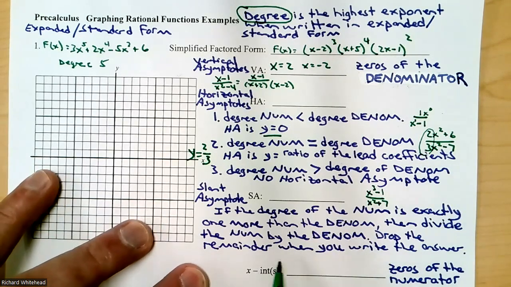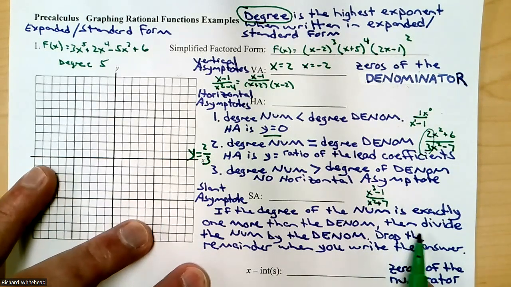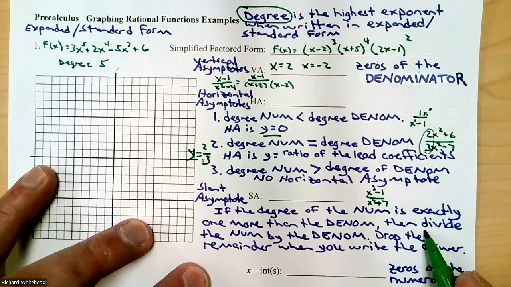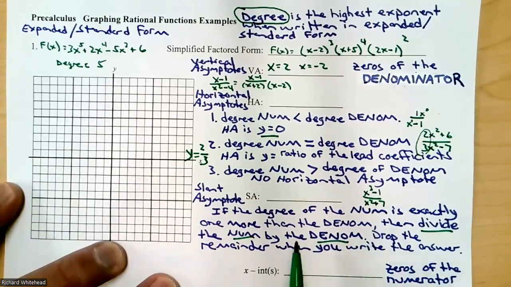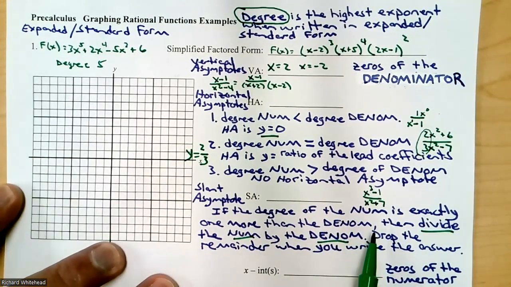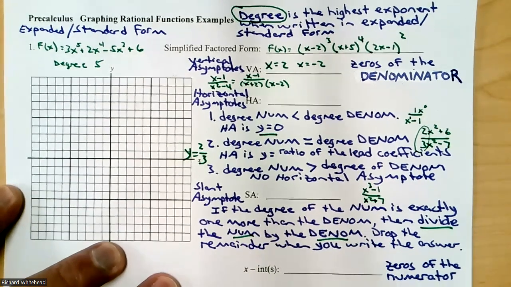The way you find that is we have to divide the numerator by the denominator. This is where we may have to use long division, because you know how I kept saying we may have to use long division in the next unit. And that's what we're talking about here. Like I said, I will make a separate video and go into the slant asymptote in excruciating detail.